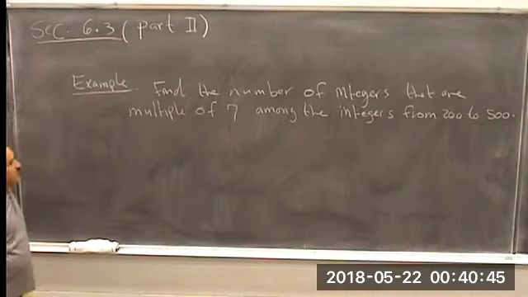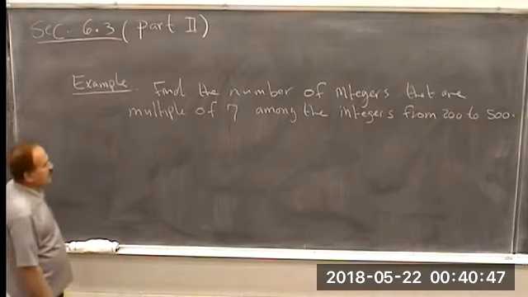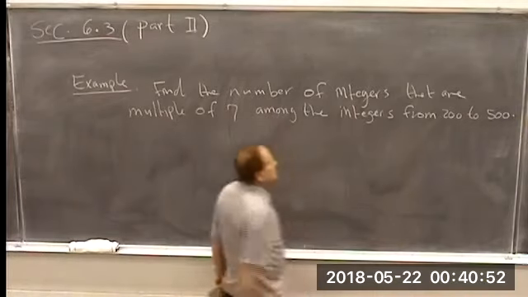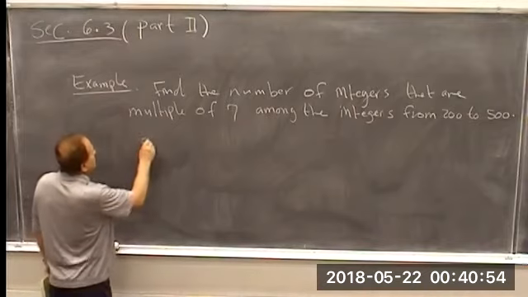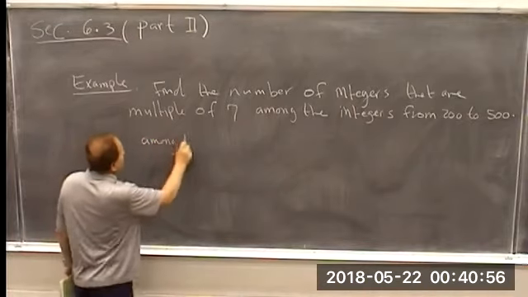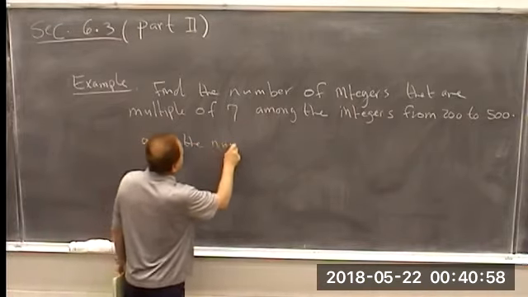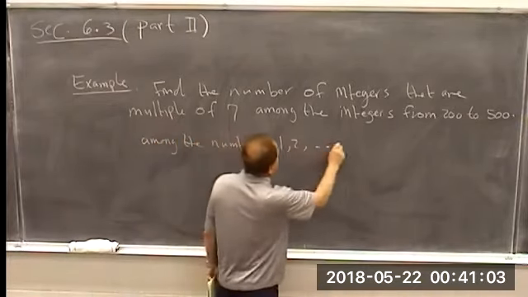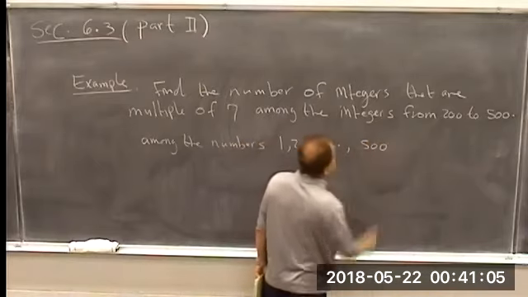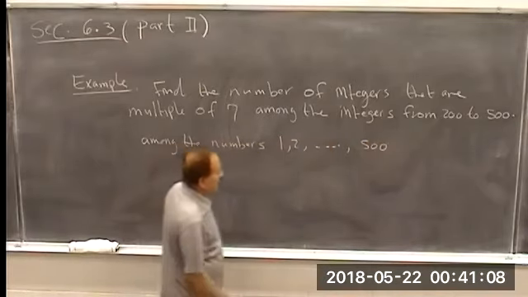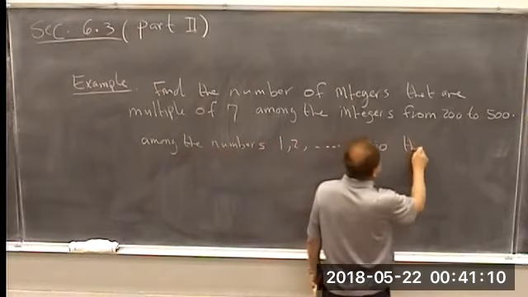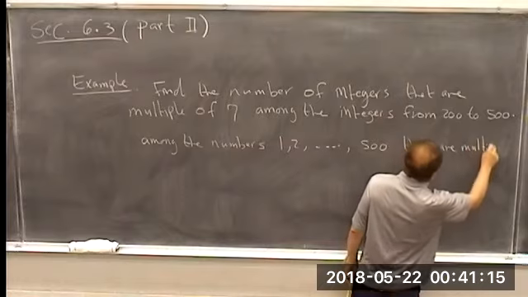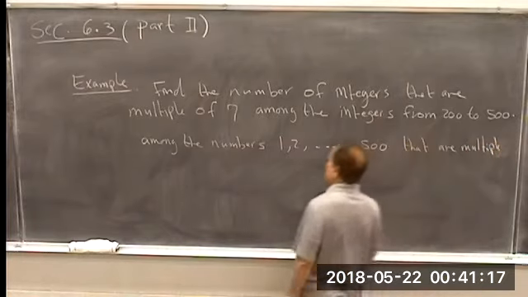Well, first we know how to find, among the numbers 1 up to 500, those that are multiples of 7, or divisible by 7.